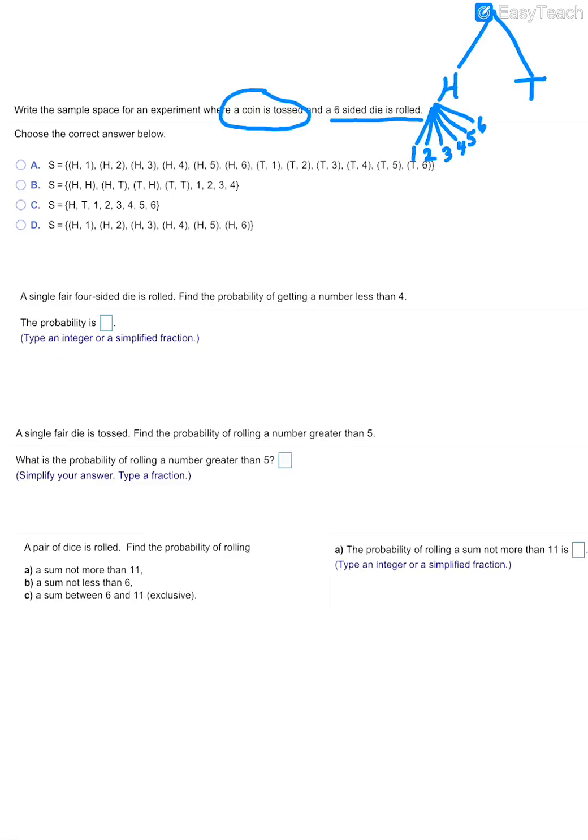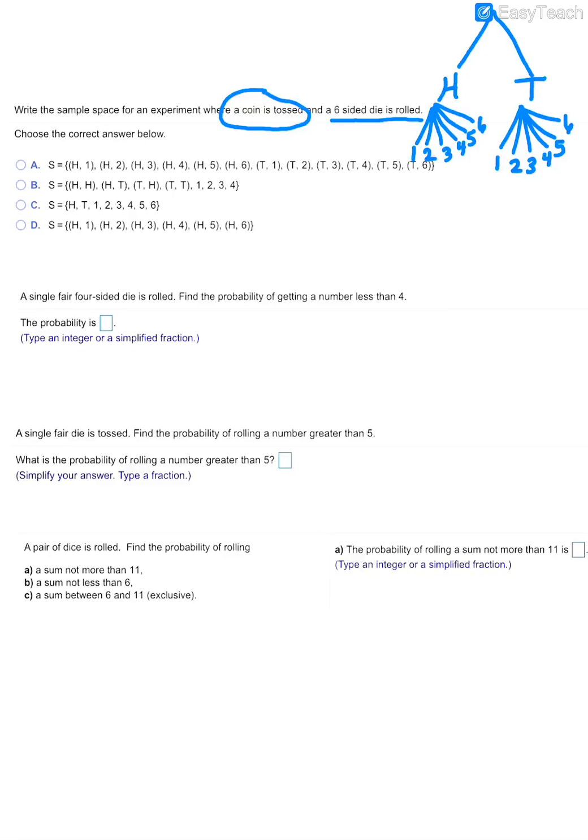Now, if the coin were to have landed tail side up, your die could still be a 1, a 2, a 3, a 4, a 5, or a 6. So the key is, for each stage of an experiment, you're going to show branches for those outcomes, and then you combine them together to get your sample space.